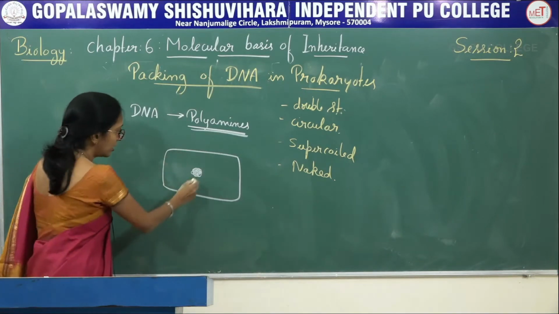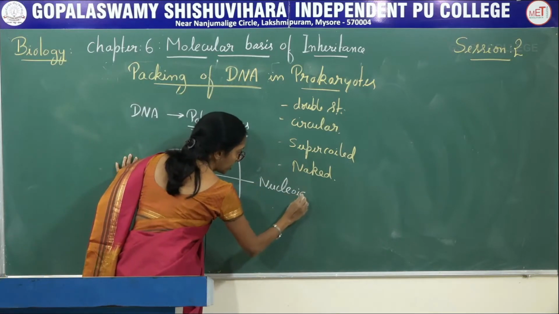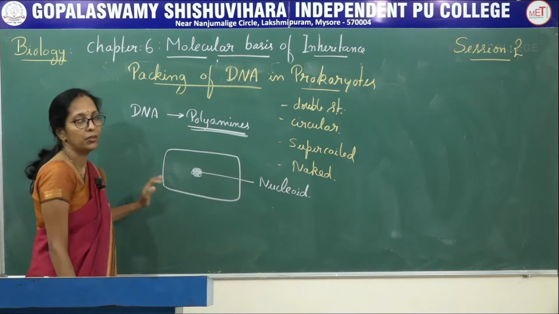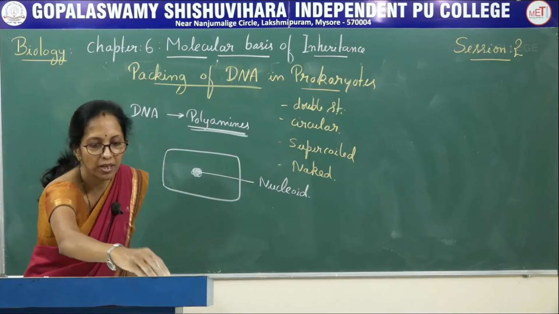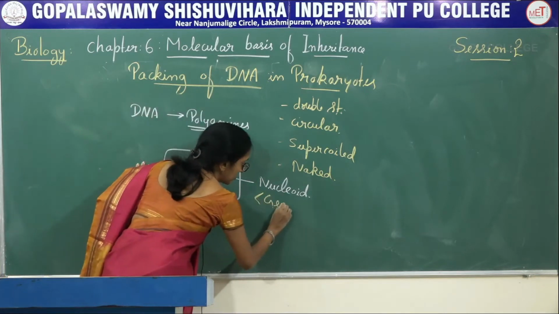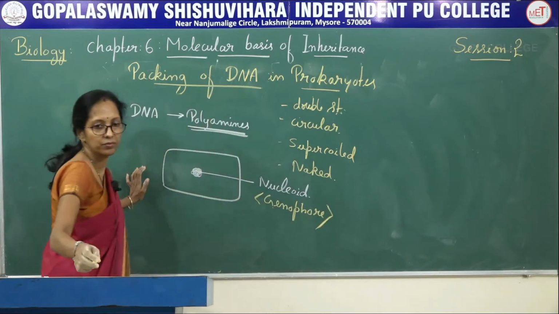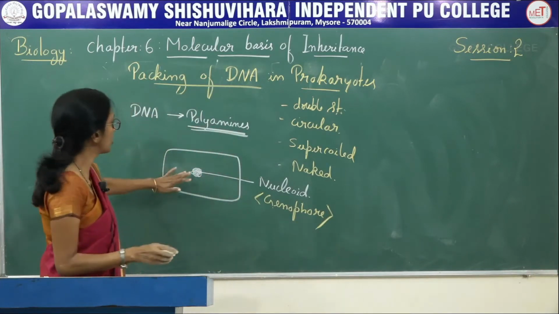Understood? So this is said to be, what do you call? Nucleoid. This is said to be nucleoid, also known as genophore.